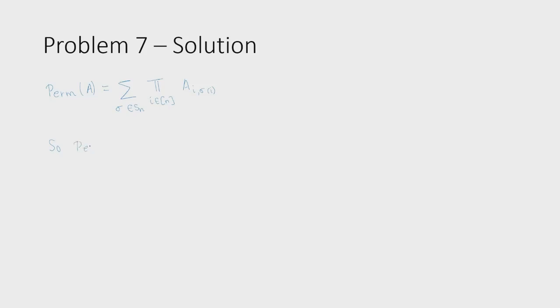So permanent of A not equal to 0 implies there exists sigma in Sn such that A1 sigma 1 up to A n sigma n, all of these are non-zero. In fact, the converse is also true.